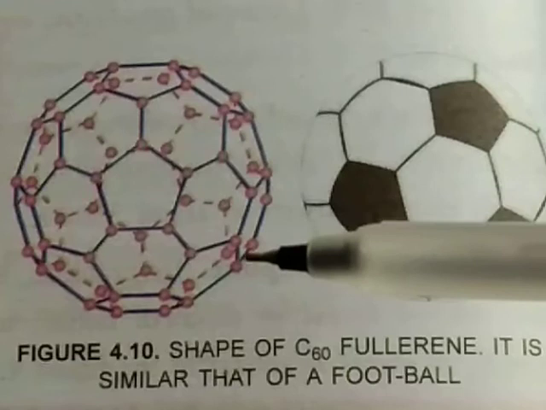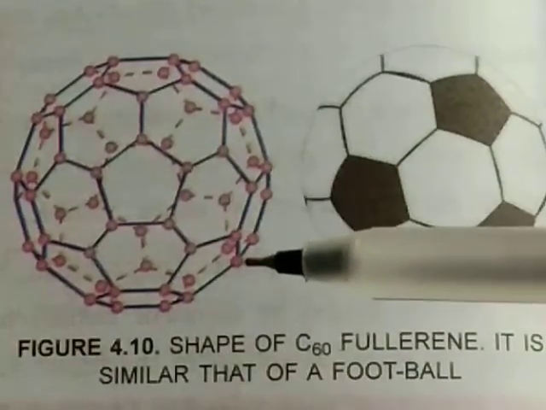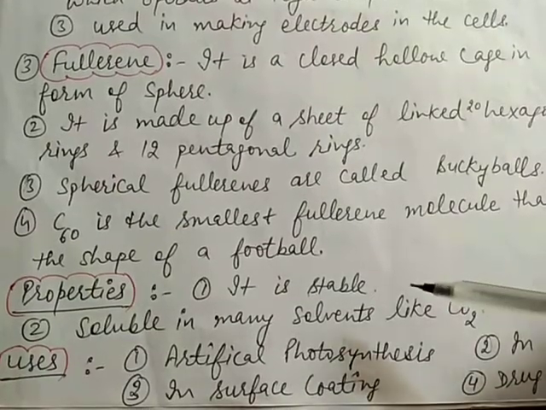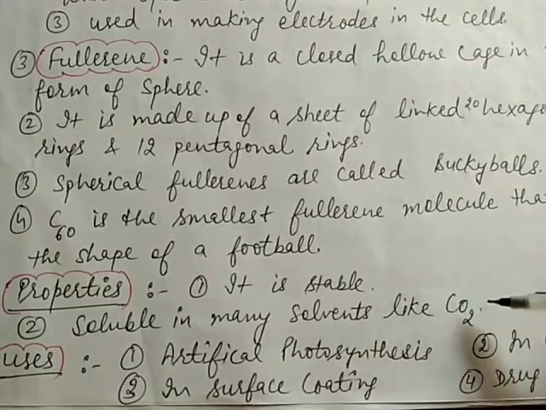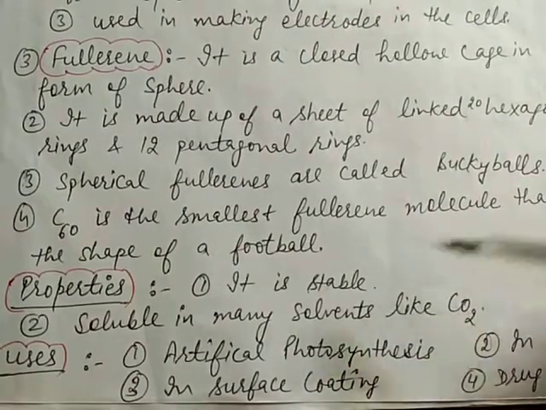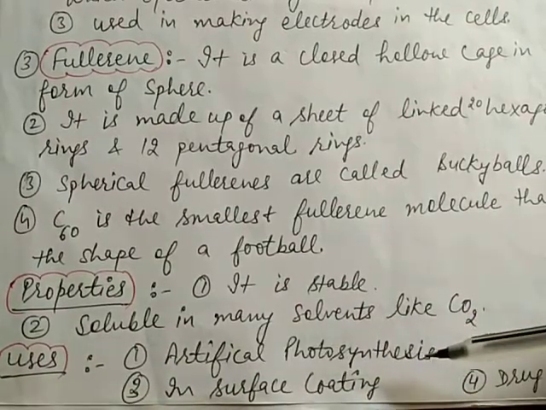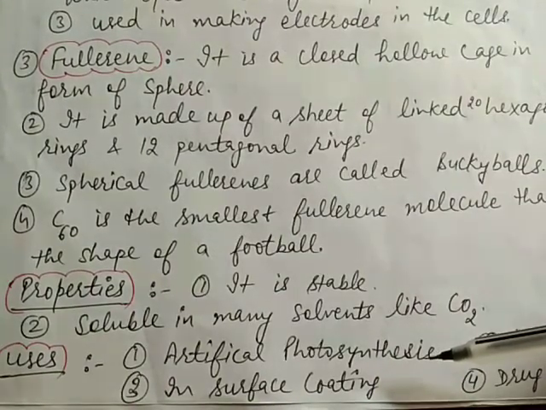Now what are the properties of fullerene? First, it is stable. Second, it is soluble in many solvents like CO2. Now what are the uses of fullerene? First use, in artificial photosynthesis.